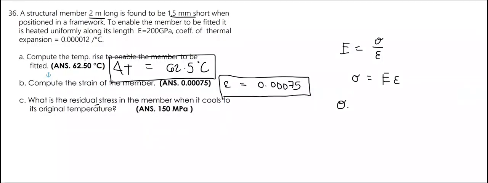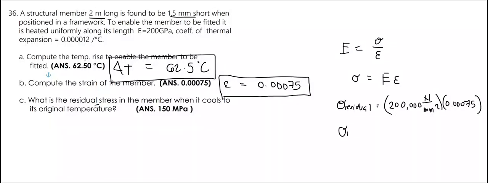So we can compute the residual stress, that is equal to 200 gigapascals or 200,000 megapascals, which is dimensionally equivalent to Newton per millimeter squared, multiplied by the strain, which we solved earlier, that is 0.00075.